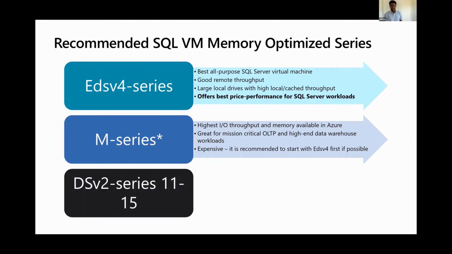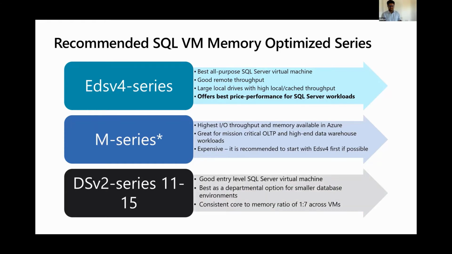And lastly, DSV2 series. There are those people who want to run very high workloads, and there will be a few people who would just want an 8-core or 4-core machine. For them, where SQL Server is just there to hold a few records and all that, we do recommend DSV2 series, which is the cheapest offer that we have.